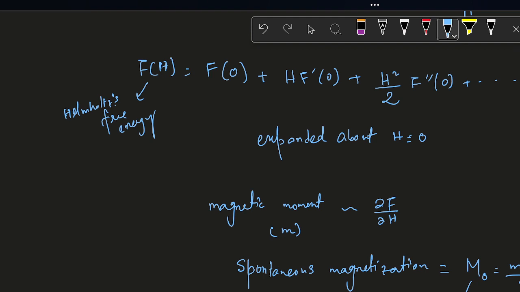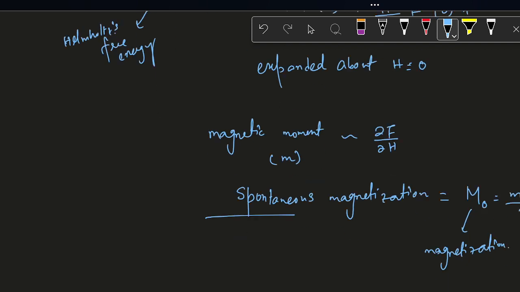So M naught is the spontaneous magnetization, which is basically the magnetic moment by volume under the condition that H equal to 0. So spontaneous means that you are applying no field, but yet you have some magnetization present in the system. That's why it is a spontaneous magnetization, and this is at H equal to 0, zero field, and the expression is 1 by V del F del H at H equal to 0. So this is your spontaneous magnetization expression.